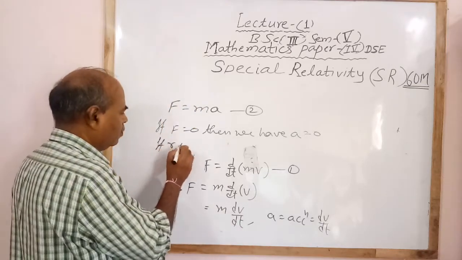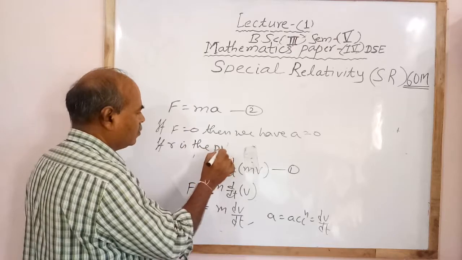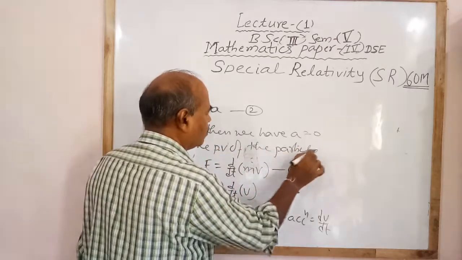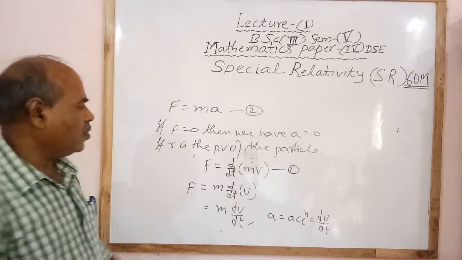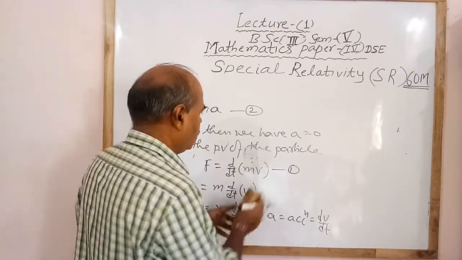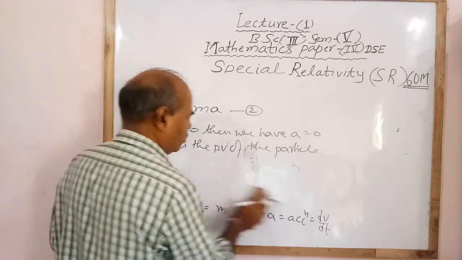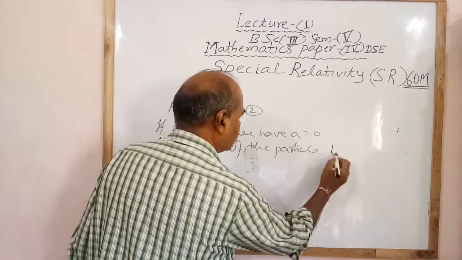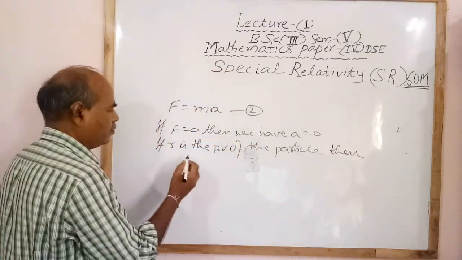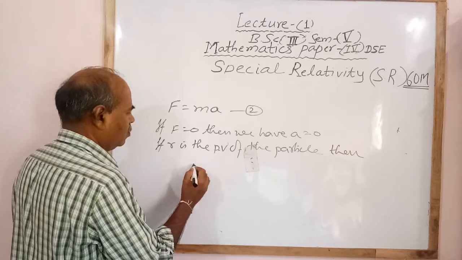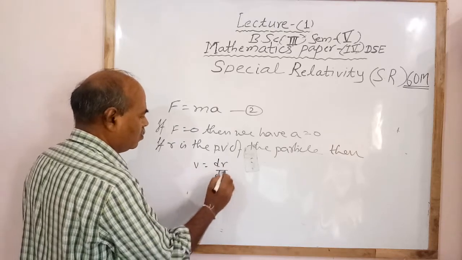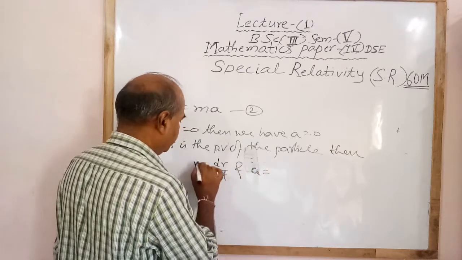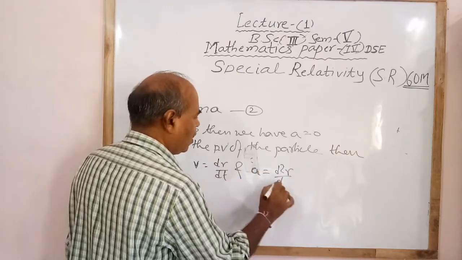If r is the position vector of the particle in the reference system, then we have velocity v equal to dr by dt and acceleration a equal to d square r by dt square.